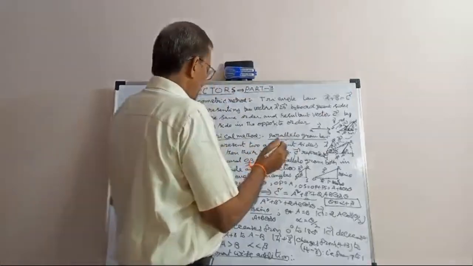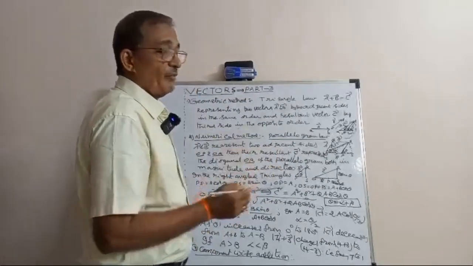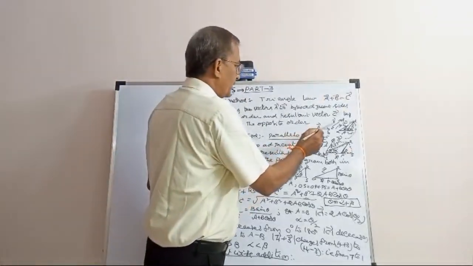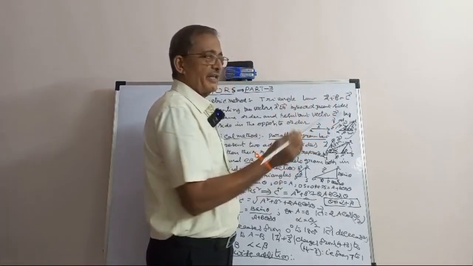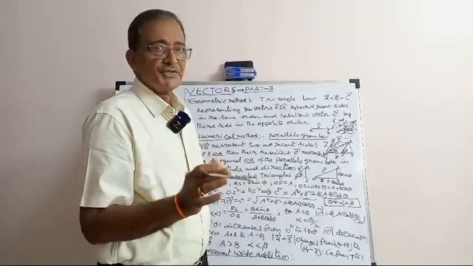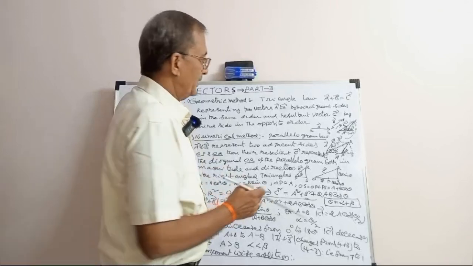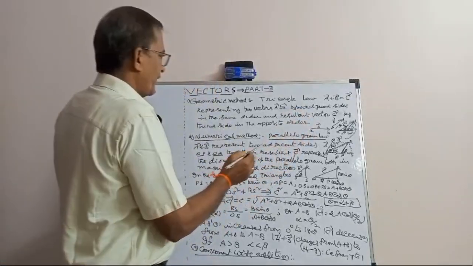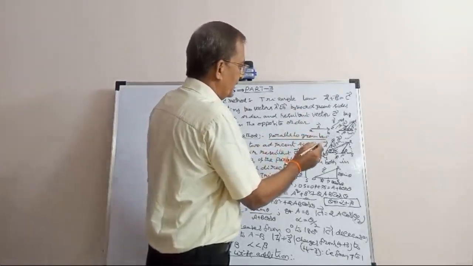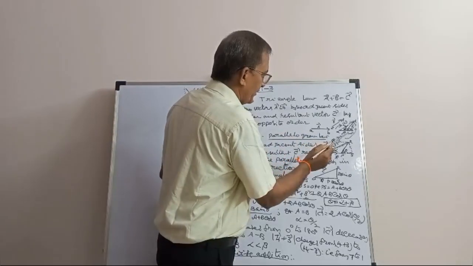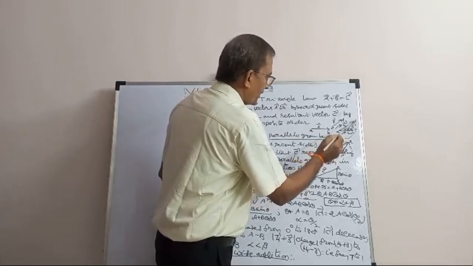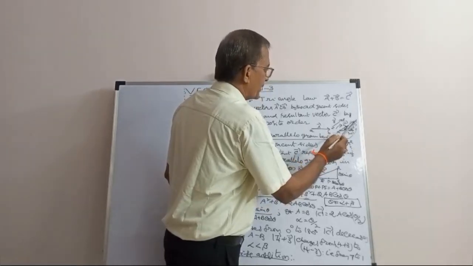Now, from the principle of invariability of vector, you can move the vector B bar parallel to itself in any direction without any change of vector. In that process, I framed a triangle like this. The initial point of B bar is added with the final point of A bar in one direction, that is in the anti-clockwise direction.